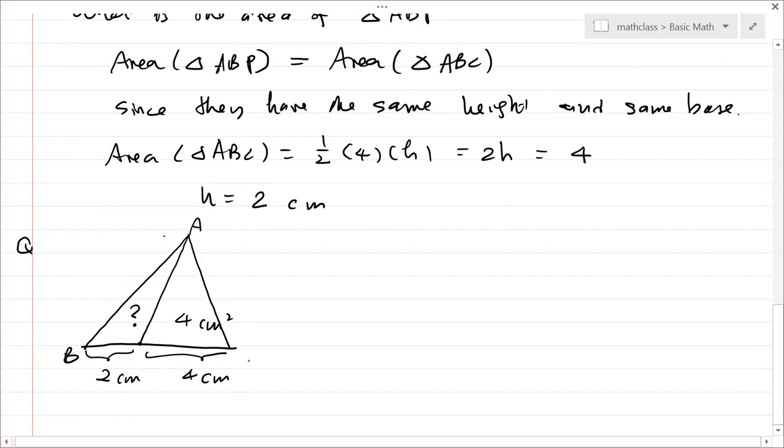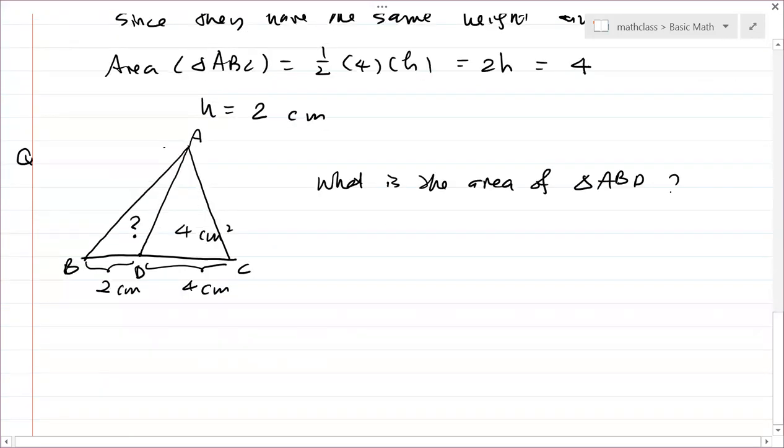A, B, C, D. So what is the area of the triangle ABD? Right, so this is called a 2-step problem.